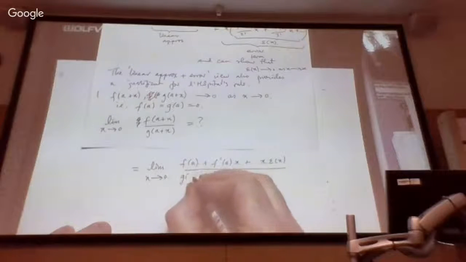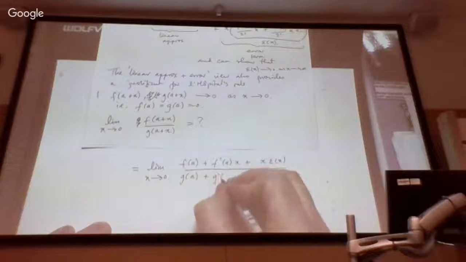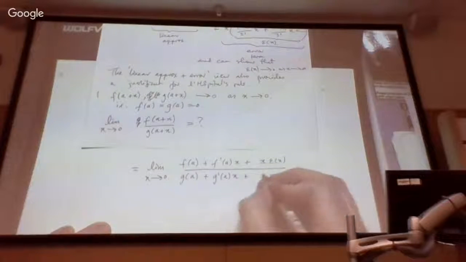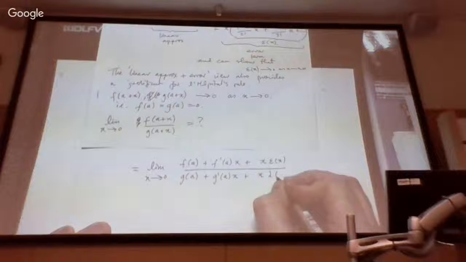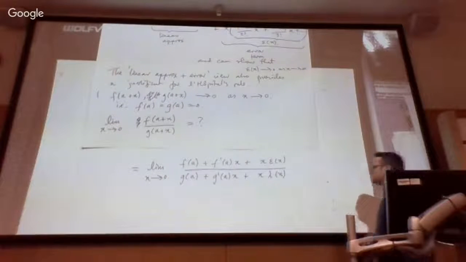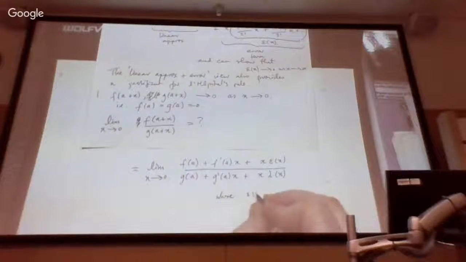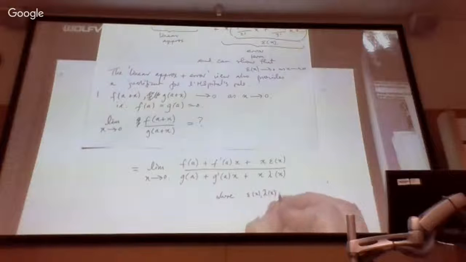If g is differentiable, then g of a plus x would be g of a plus the derivative of g at a times x plus x times its own error function. I'll use a different symbol for it, lambda of x, because it's a different function. So epsilon of x and lambda of x both go to 0 as x goes to 0.